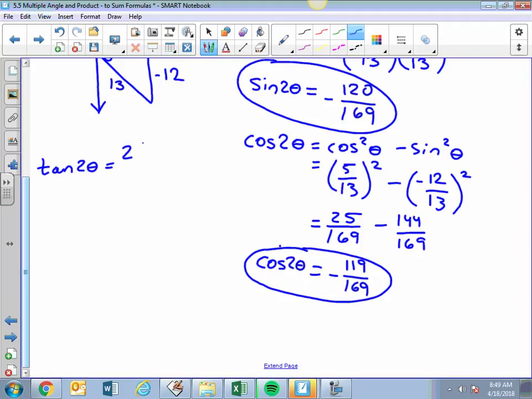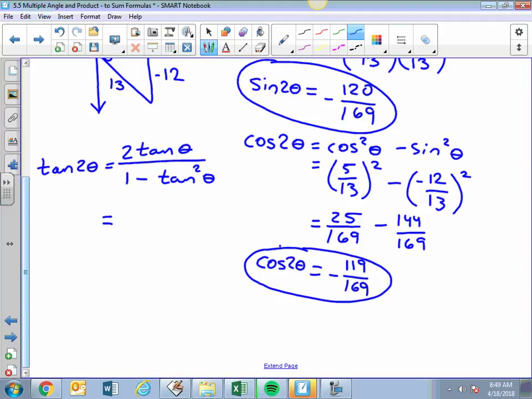It's 2 tangent theta over 1 minus tangent squared theta. I'm just writing the formula out. Once I have that, I can start working on this, looking at my triangle.